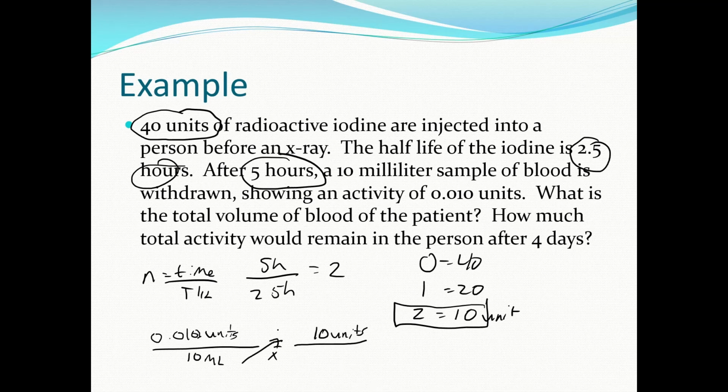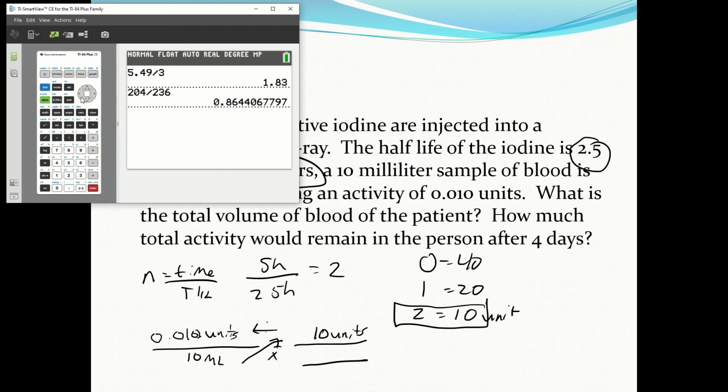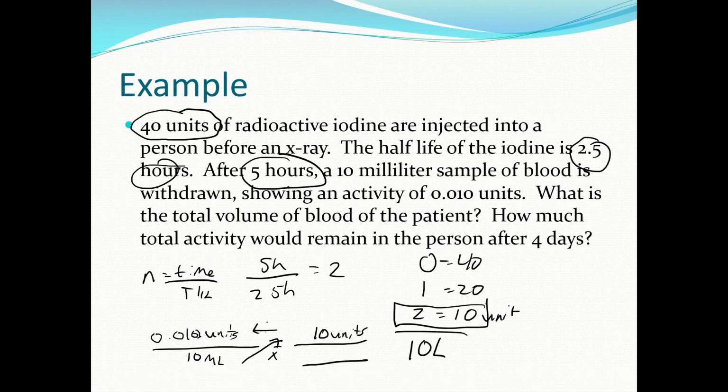So if we cross multiply and divide, we can find out how much total blood is in the person. So if I go 10 times 10 divided by 0.01, we end up getting 10,000 milliliters, or 10 liters of blood, which is about double. Normal people have about 5 liters of blood, so this must be like Andre the Giant or something like that.